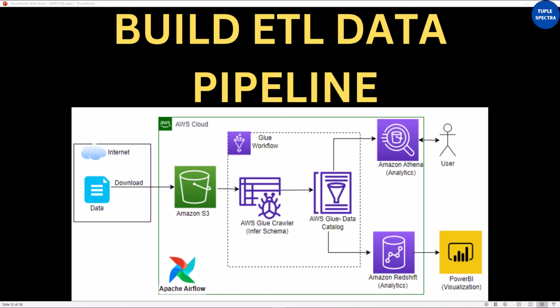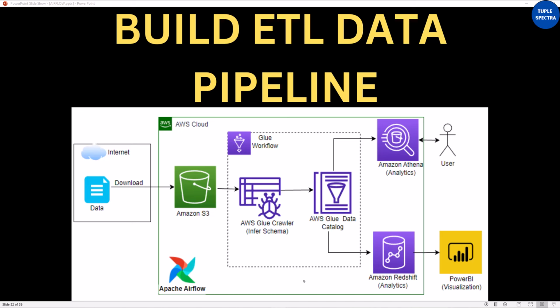On top of that, it's going to create a Glue Data Catalog, and then you can load that into Amazon Redshift. So you are being asked to automate this process right here. Your Apache Airflow is going to trigger a Glue job which is going to grab this Amazon S3 bucket, crawl it, and then load that data set into Amazon Redshift.